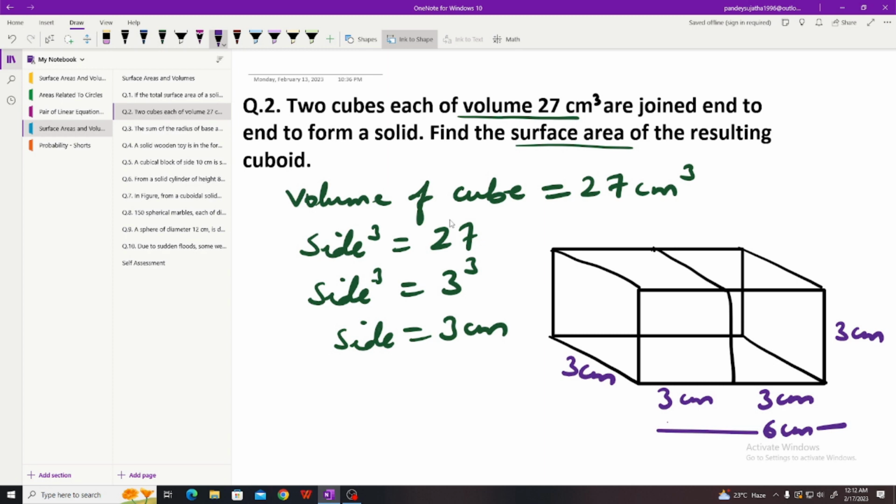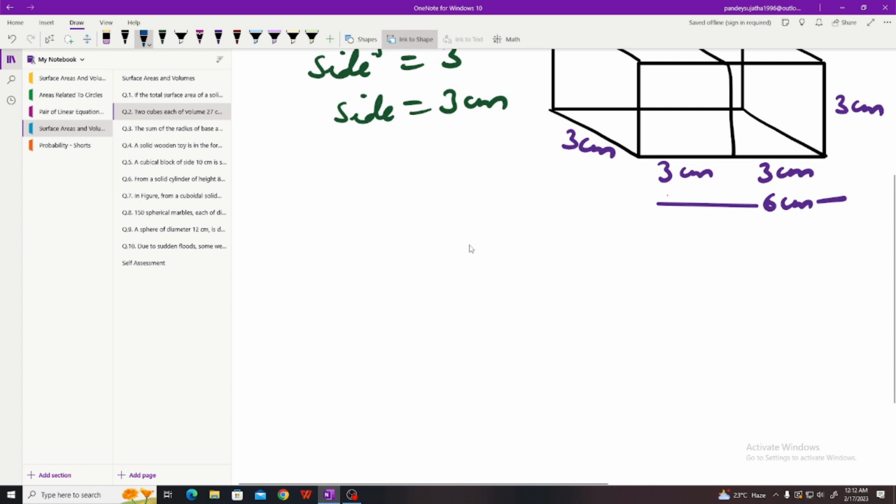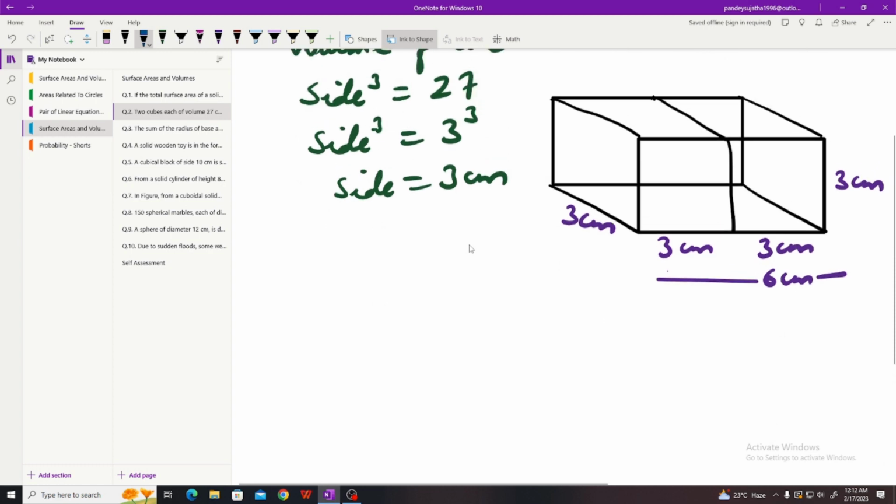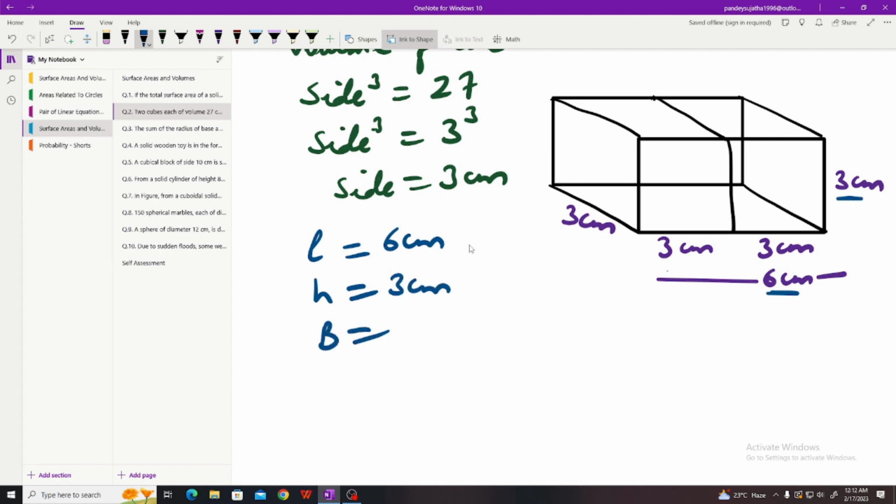So now we get the values. Length of the cuboid is 6 centimeter, height of the cuboid is 3 centimeter, and the breadth of the cuboid is again 3 centimeter.